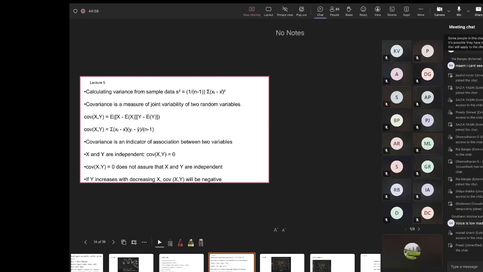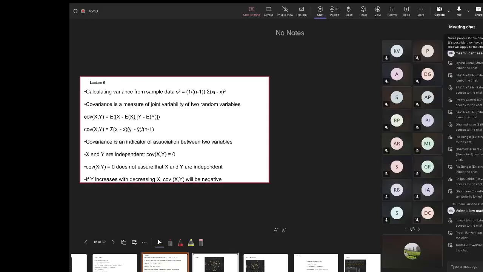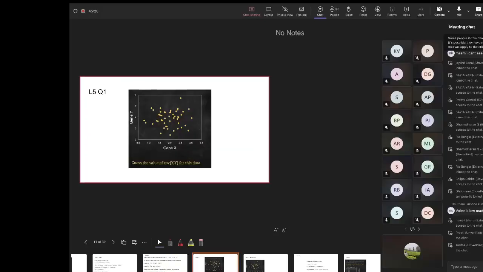So this covariance will tell you how the two variables x and y are related. For example, if they are independent, then the value will be 0. And suppose they show an opposite trend, that if y is increasing with decreasing x, then the covariance will be negative.